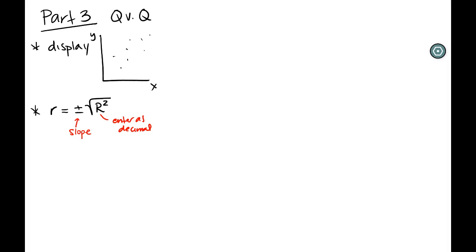Now here's the new thing. If you were to do something in StatCrunch, you can now get a p-value. So we really need to be able to understand what our null and alternative hypotheses are when we're talking about a correlation. Just like with our chi-squared tests and pretty much everything, our null is that there is no relationship.